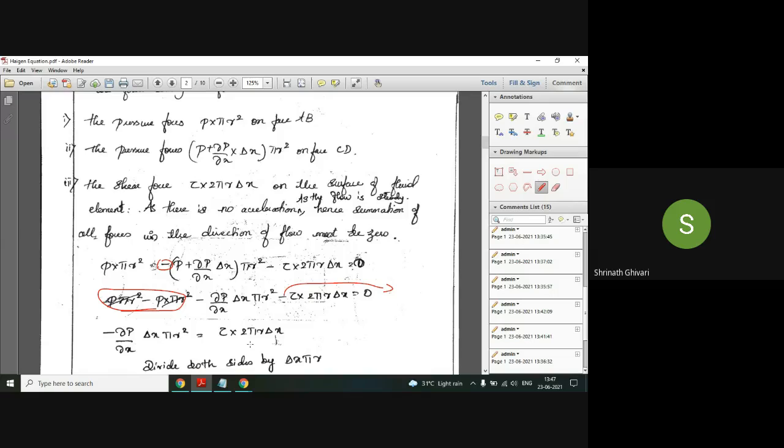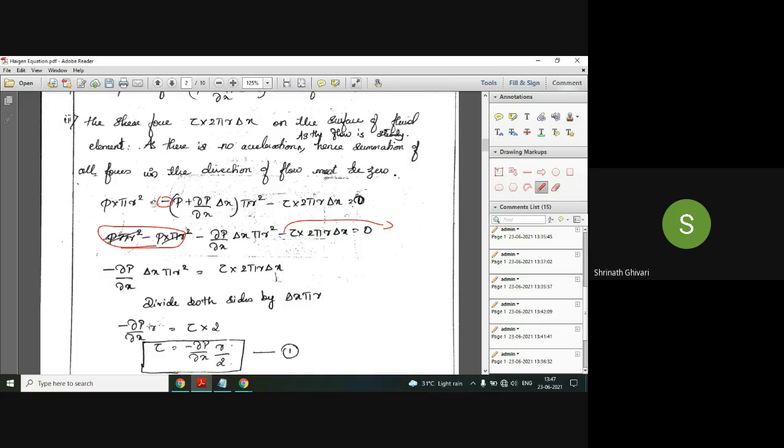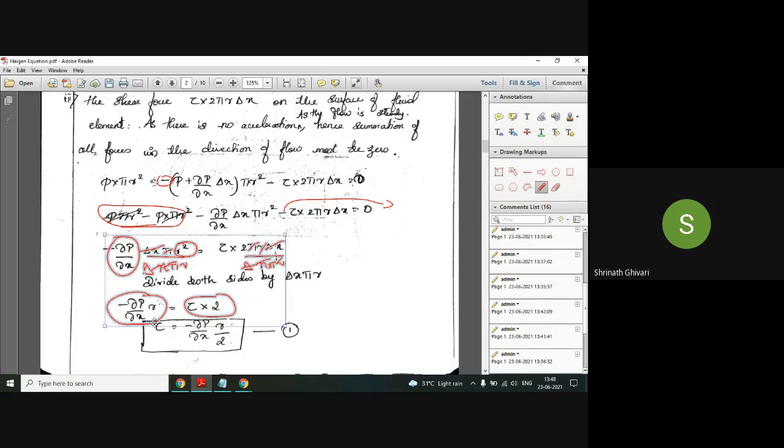Delta x gets cancelled, pi gets cancelled, one r gets cancelled, remaining tau into 2. Here, minus ∂P/∂x and r remain. So shear stress tau equals minus ∂P/∂x into r by 2.